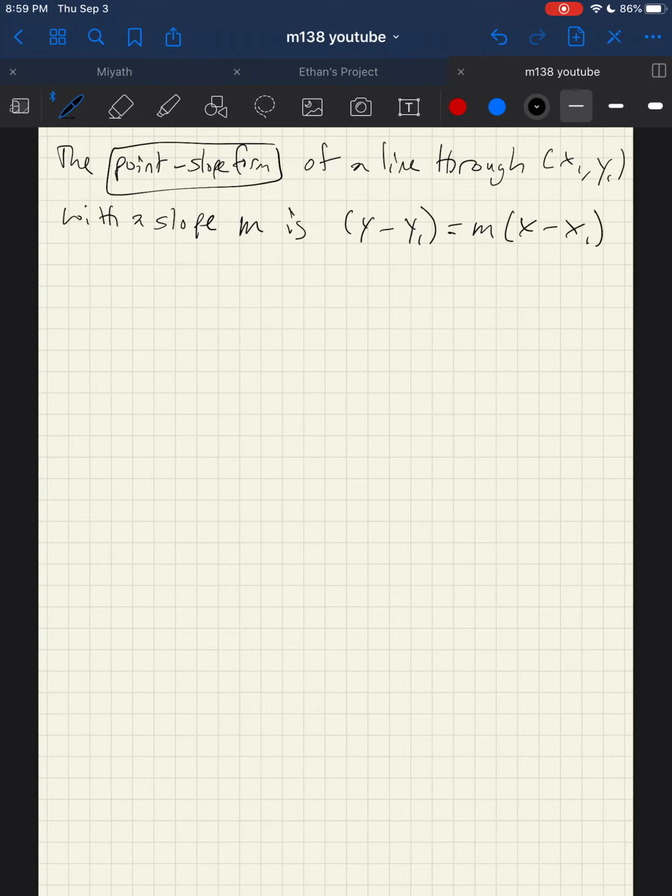And if you notice, if we divide both sides by x minus x1, we just get the definition of the slope with one of the points, and then with x and y just ranging through the rest of the line, with the exception that, of course, we can't divide by 0, so we couldn't have x equals x1 for that definition of the line.